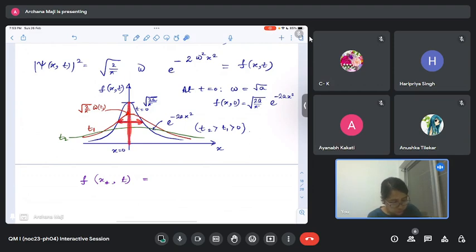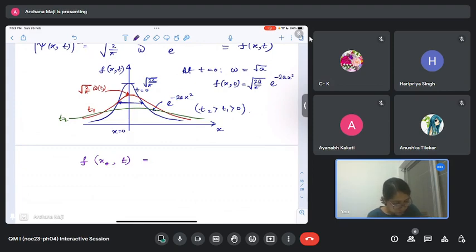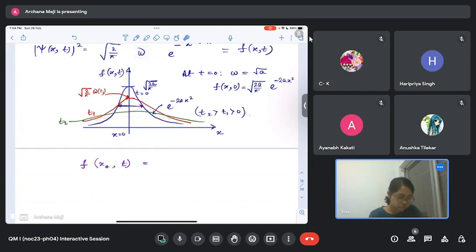If your maximum value is square root 2a over pi, then this value is half of that maxima. At this point the height is half of that maximum value. As you will see, when time increases, this full width at half maxima increases and the height decreases because omega itself decreases.